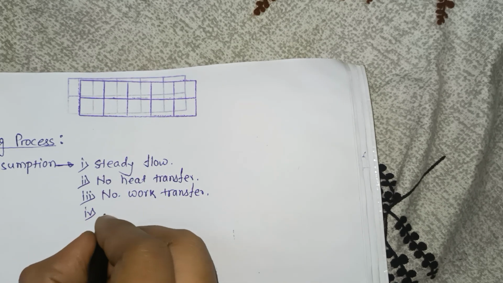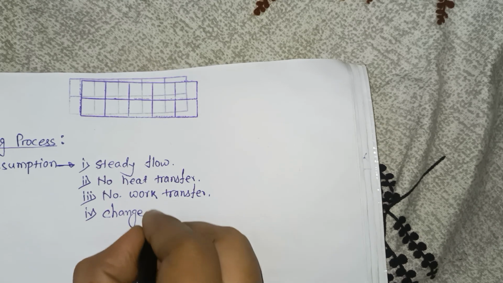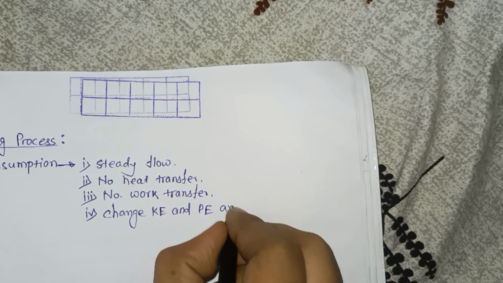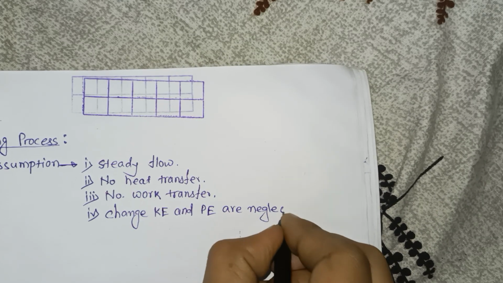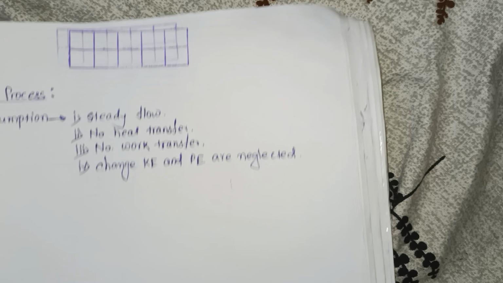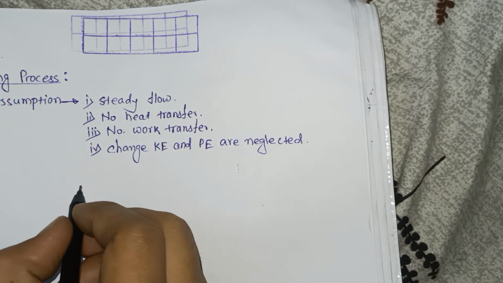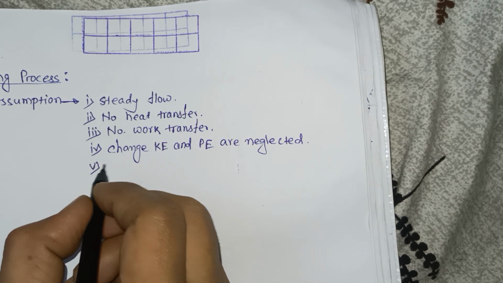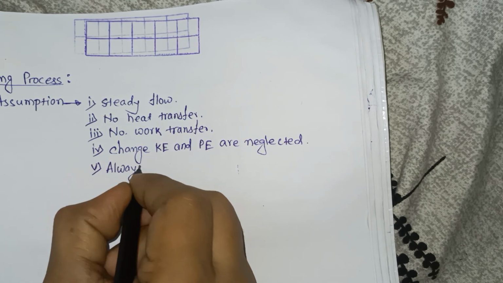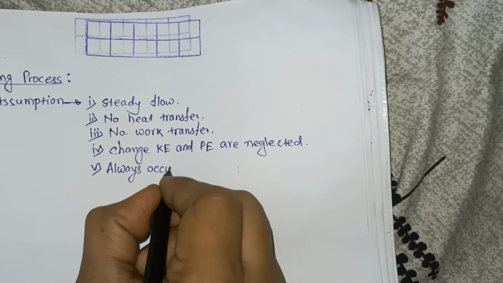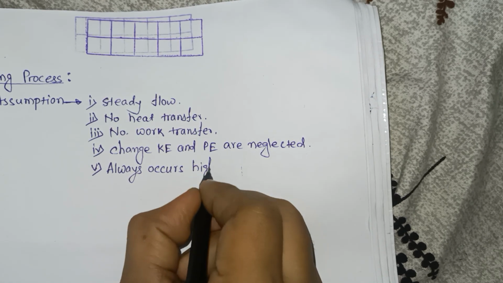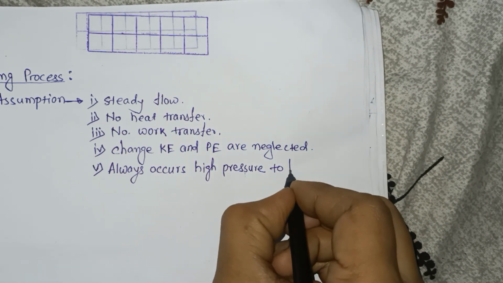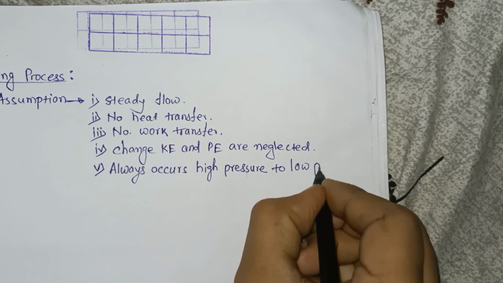Fourth assumption is that change in kinetic energy and potential energy are neglected. Now the fifth assumption is that it always occurs from high pressure to low pressure.